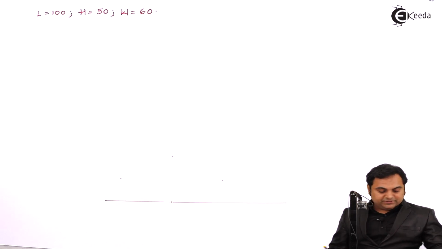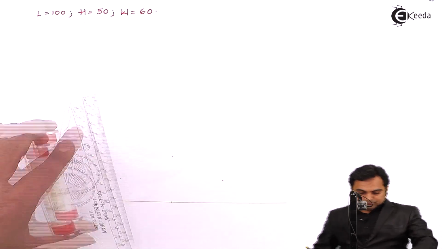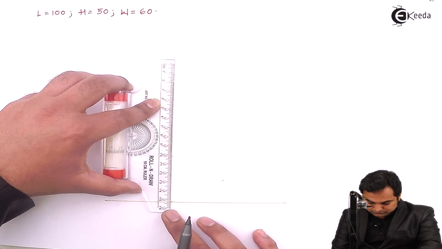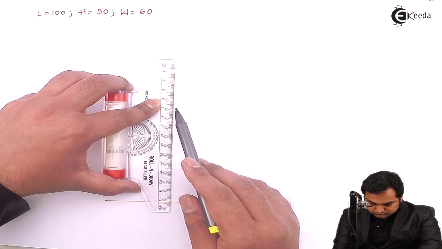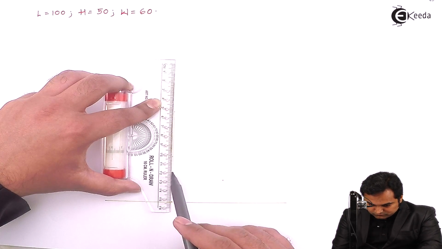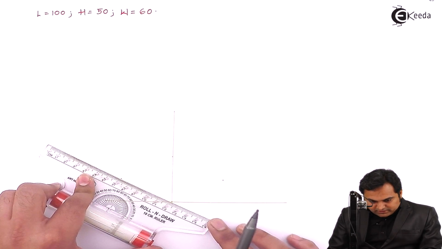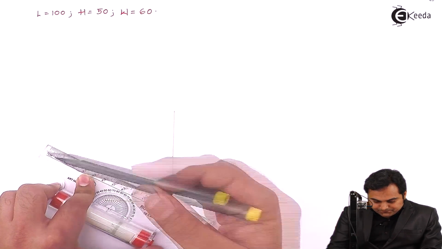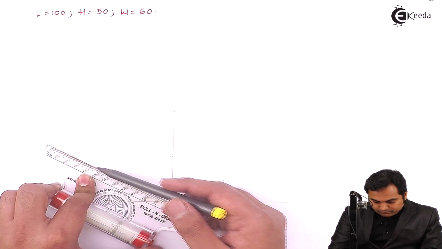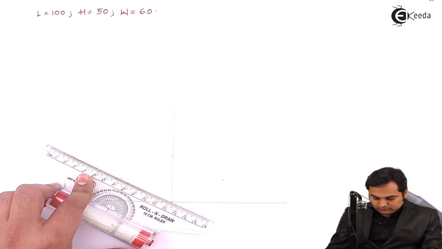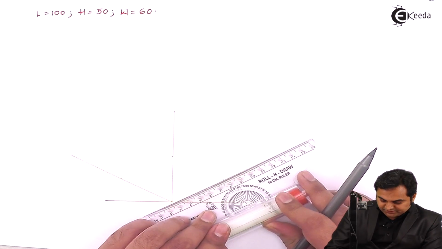And measuring 90 degree. Drawing a light vertical line. Next, inclined lines at 30 degree. Similarly from the other side.